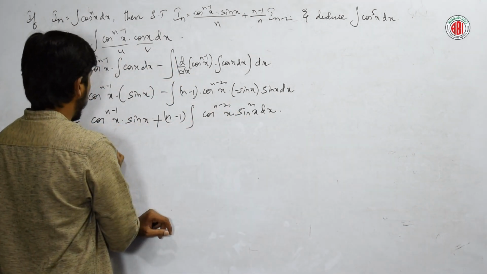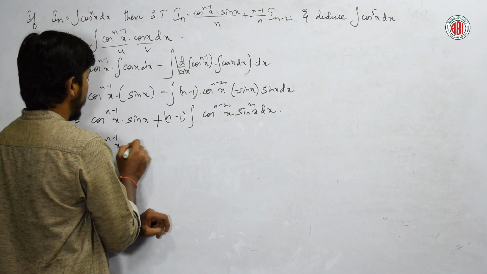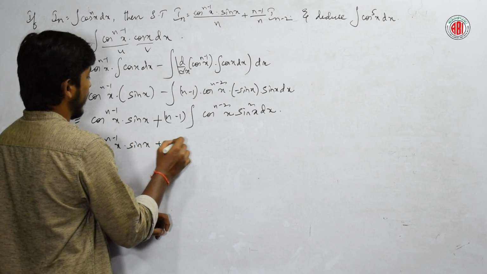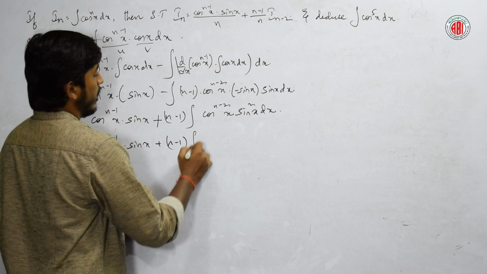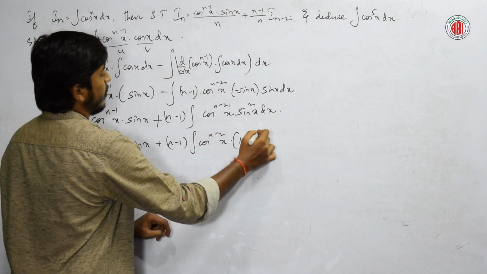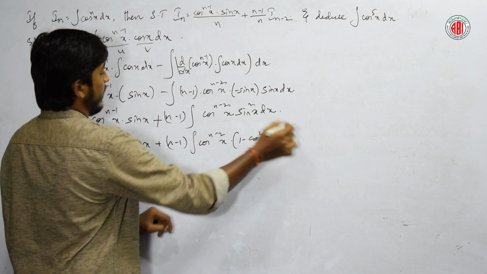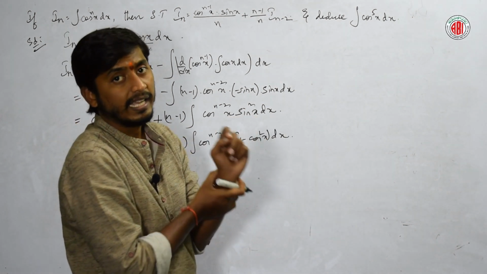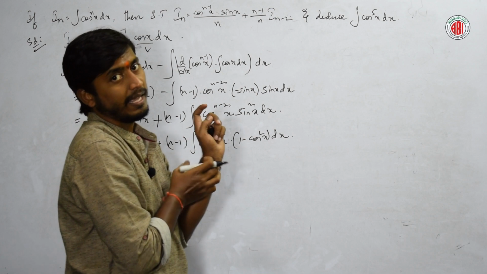So, this will be cos^(n-1)x into sin x plus (n-1) into integral cos^(n-2)x into (1 minus cos²x) dx. Clear? Now, let us multiply everything.